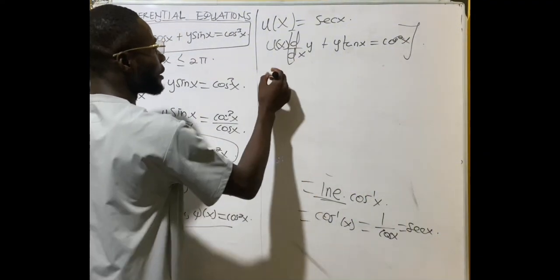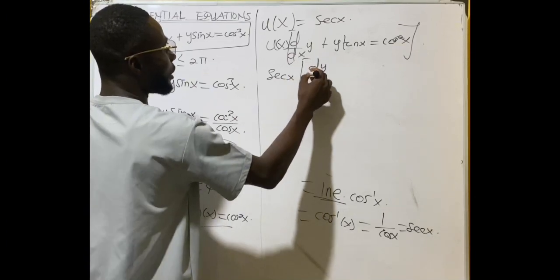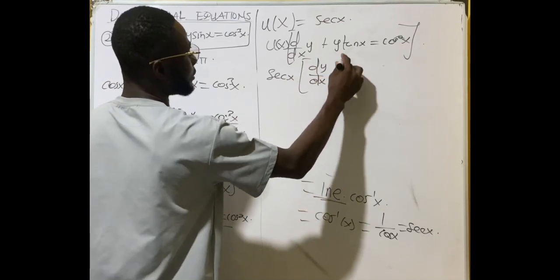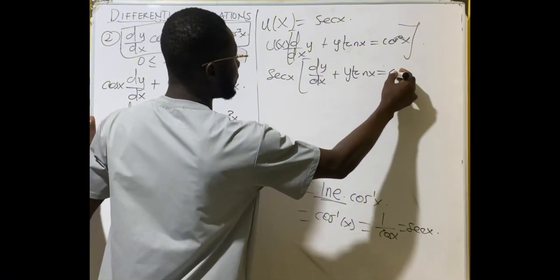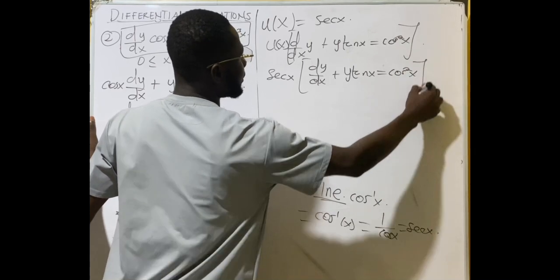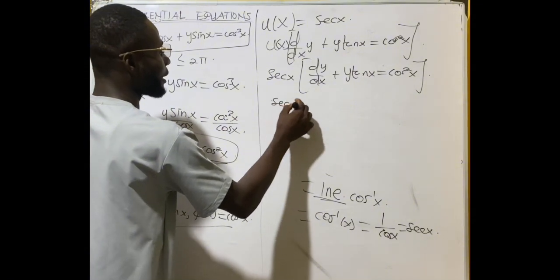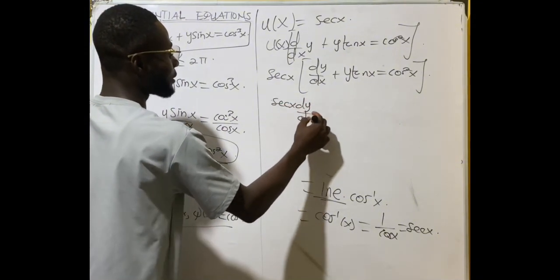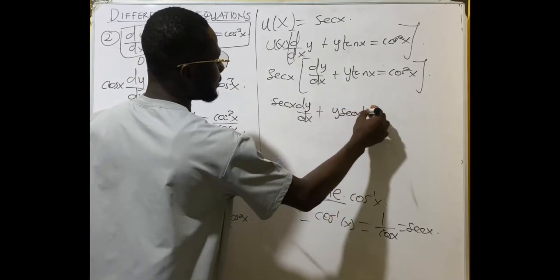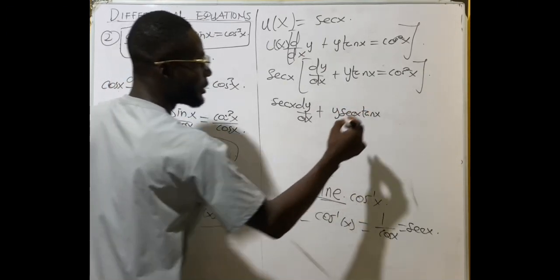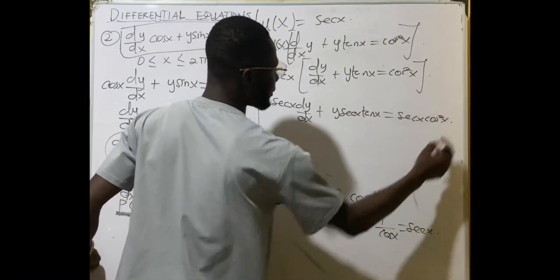So we're going to say that sec x times dy/dx plus y tan x equals cos squared x. So when we spread this, we're going to have sec x dy/dx plus y sec x tan x equals sec x cos squared x, right?